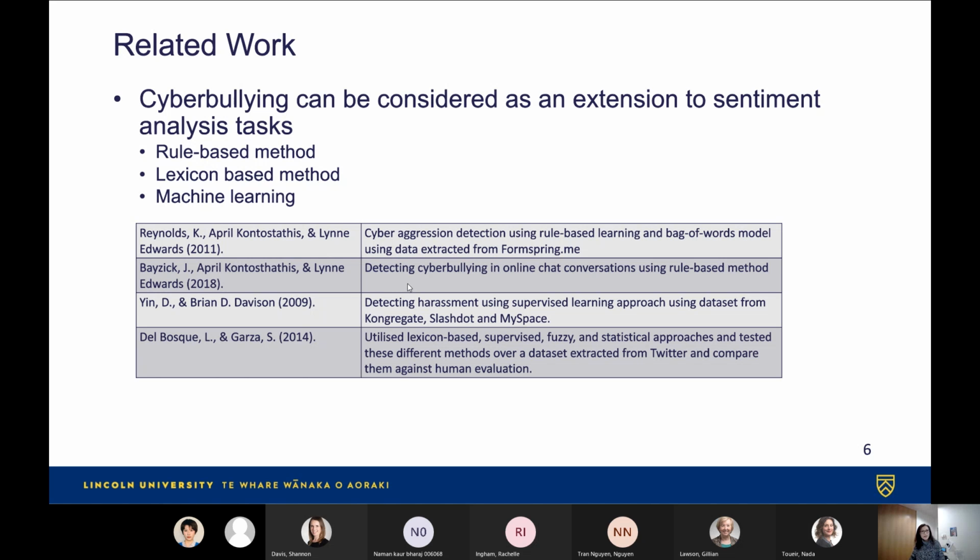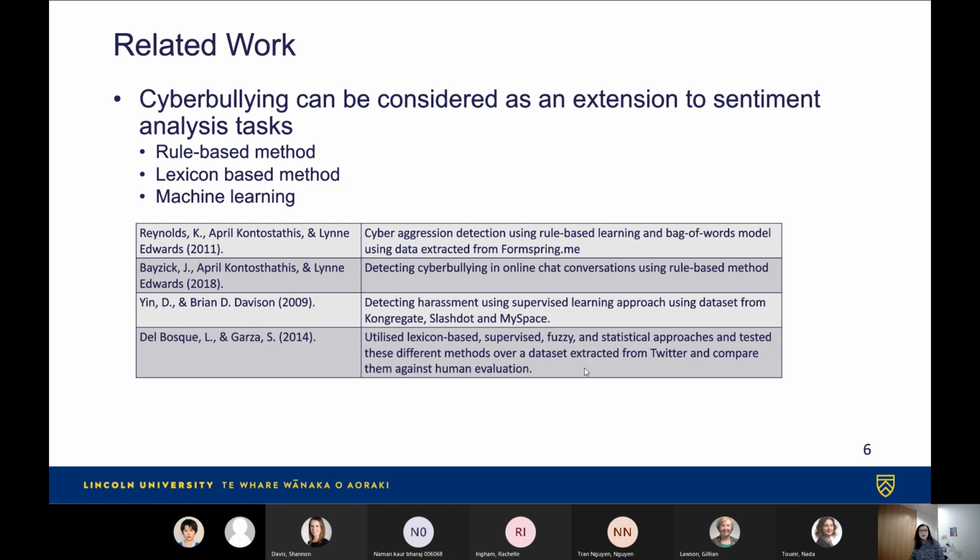Then there was another work on detecting cyberbullying in online chat, also using rule-based methods. So you can see that even with a simple rule-based method, you can actually detect cyberbullying aggression or cyberbullying elements. Of course, the accuracy might not be as close as 90%, but it's good enough. Even if it's 60%, we know that there is something you can go on.